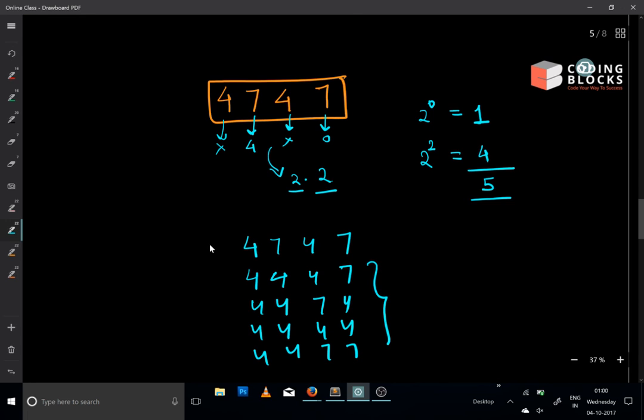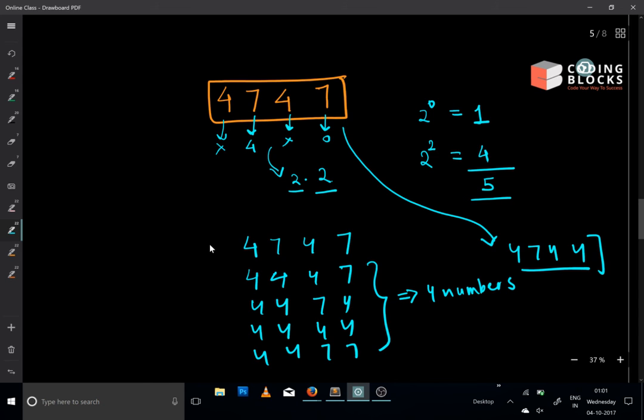So these are the 4 numbers, plus 1. What is that number? In this example, that number is 4744. So this is another number. So we know these 4 plus 1, 5 numbers are the 4-digit lucky numbers which are less than the current number, right?